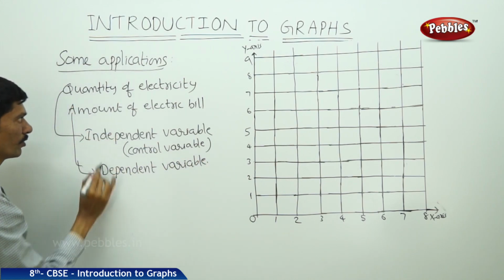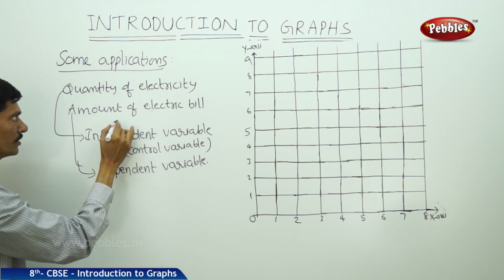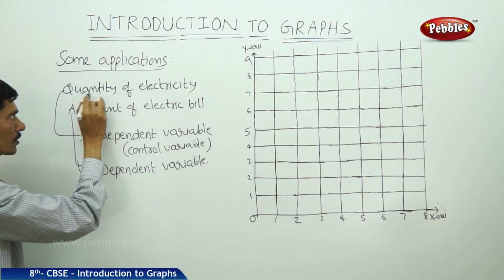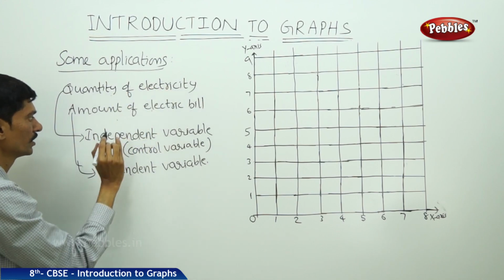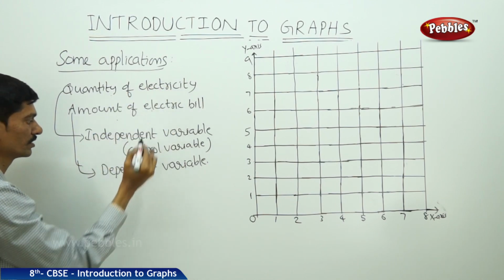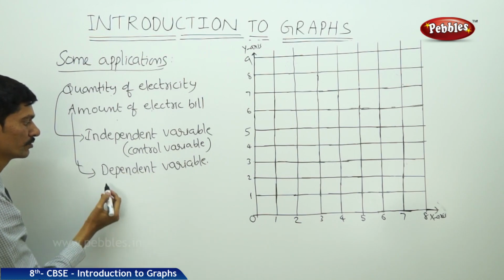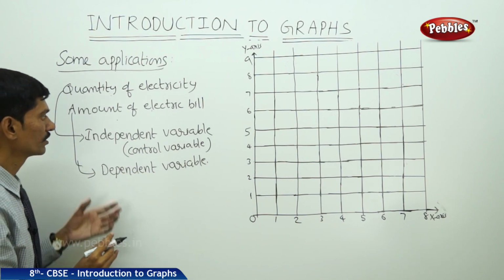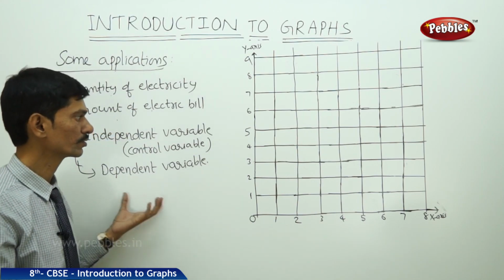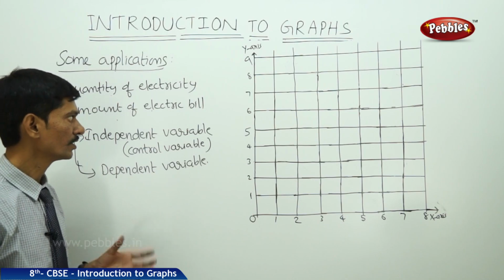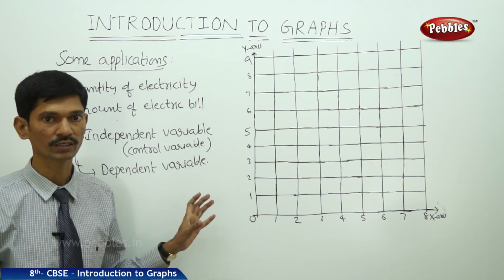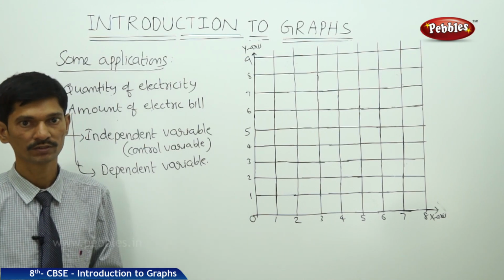Means the amount of electric bill actually depends on the quantity of electricity we consumed. The relation between the dependent variable and the independent variable can be shown through a graph. Let us see how the relation between the two quantities can be shown through a graph with an example.